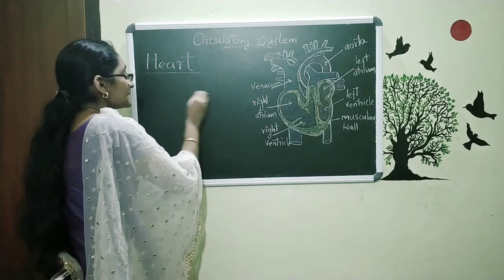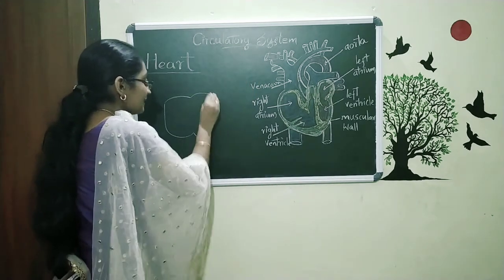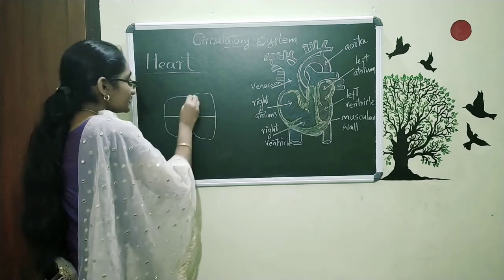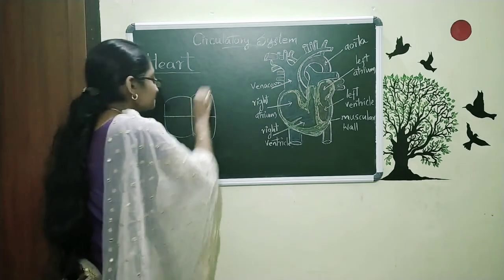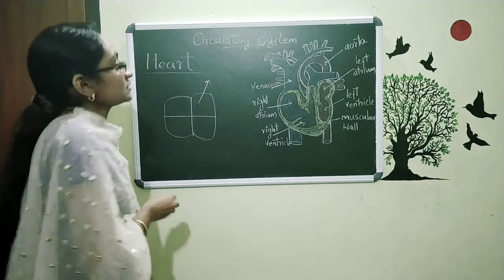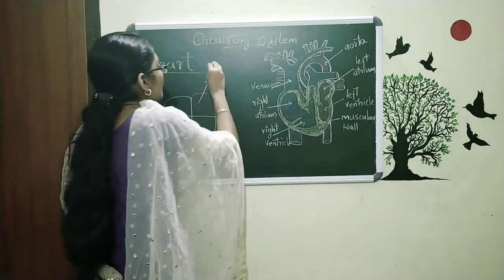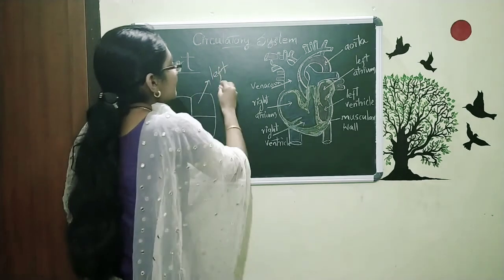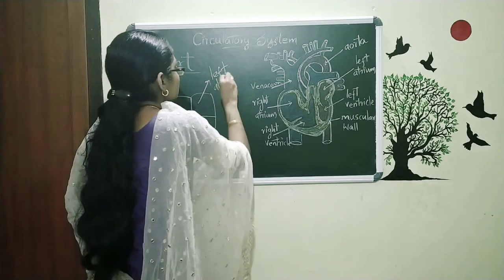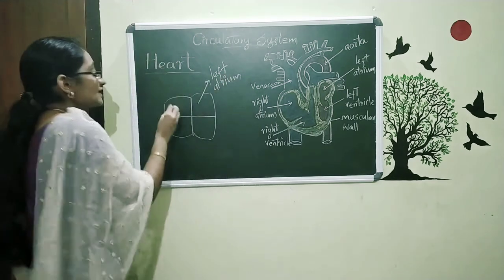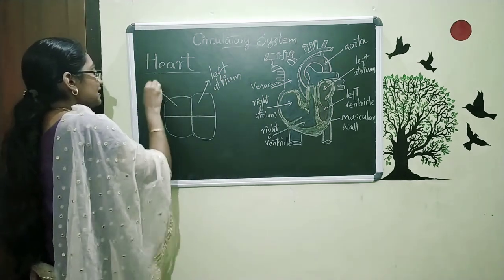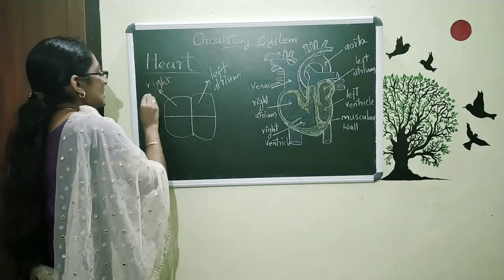So generally we can say our heart has 4 chambers: this is left atrium and this is right atrium.